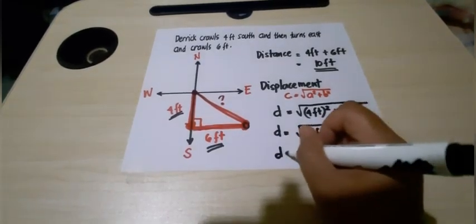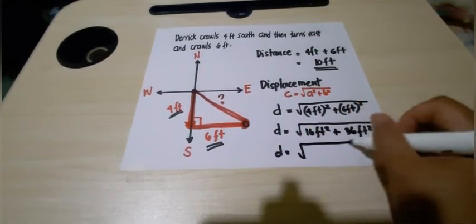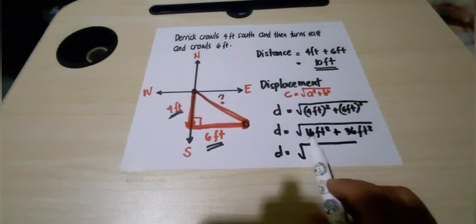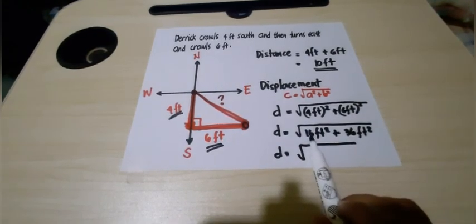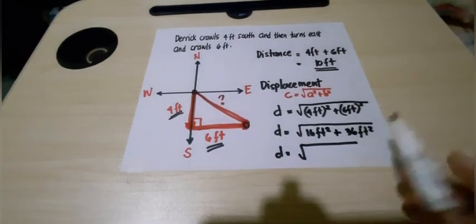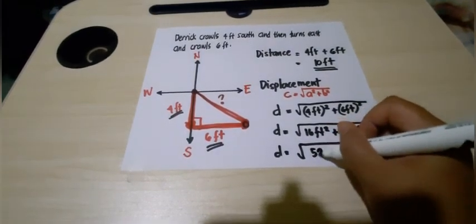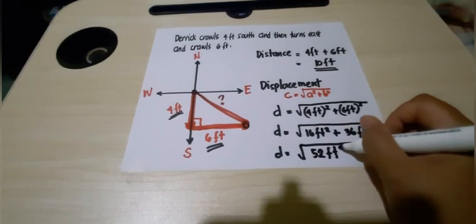So, our displacement is equal to the square root of 16 plus 36, which is 52 feet squared.